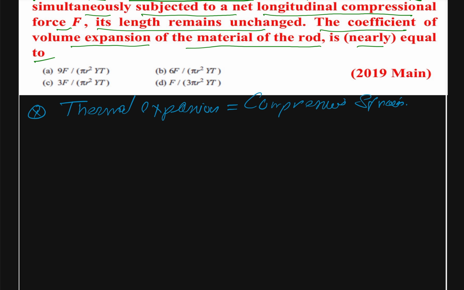Our thermal strain is equal to alpha multiplied by T, and the compressive strain is force over area times Young's modulus Y.